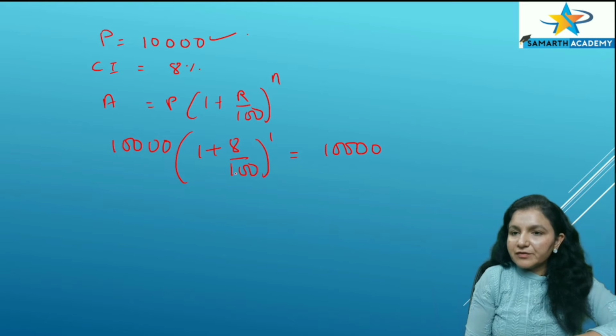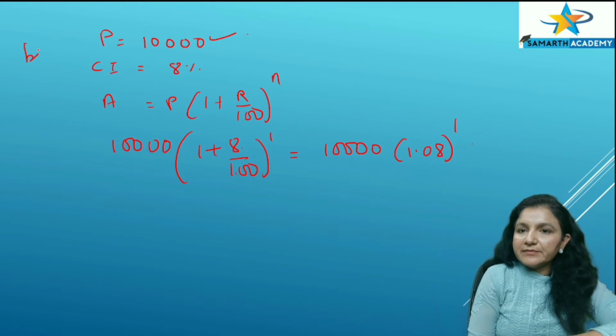10,000. If I simplify this, 8 by 100 is 0.08, so 1.08 to the power 1. This is at the beginning.